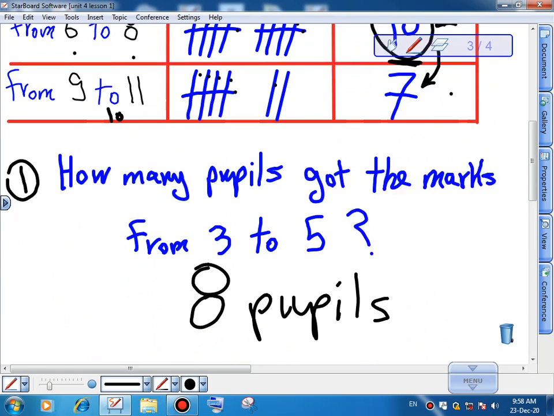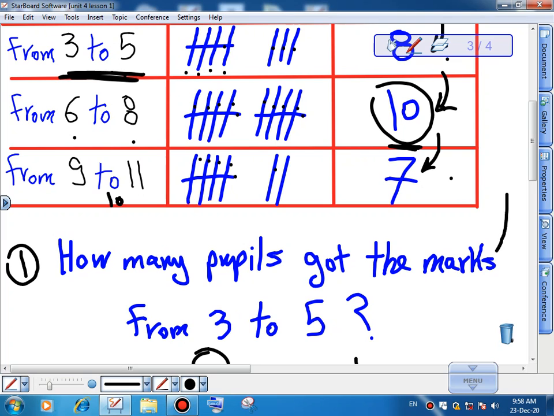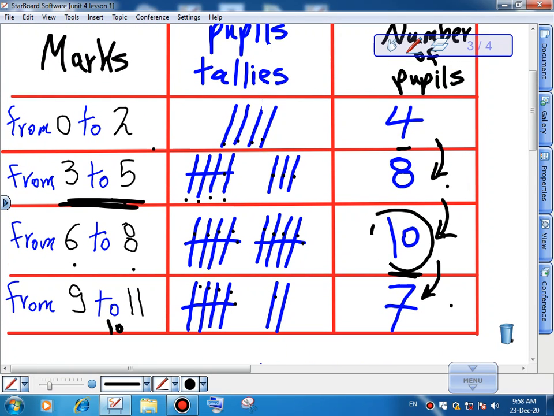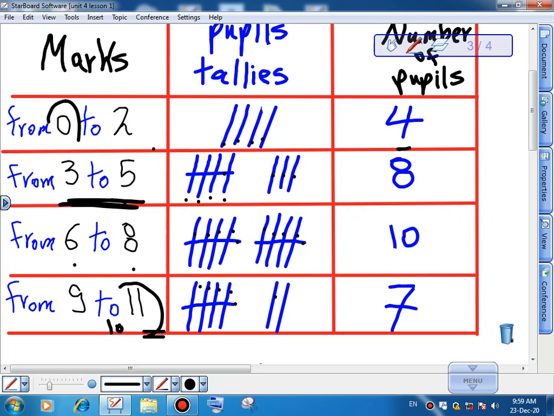The second question, what is the number of pupils in this class? I don't know the total, but as we said before, we get the number of pupils in all marks from 0 to 11. How many pupils get all the marks, 0 or 1 or 2 and so on till 11?